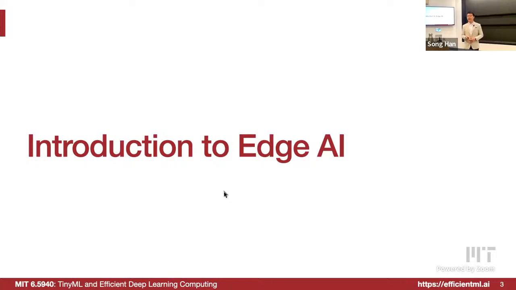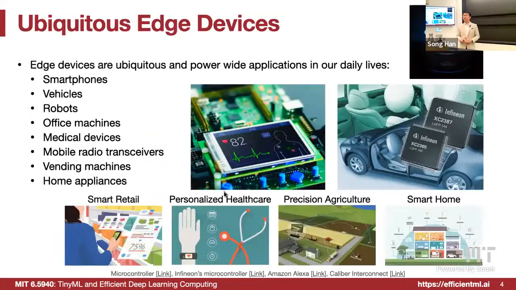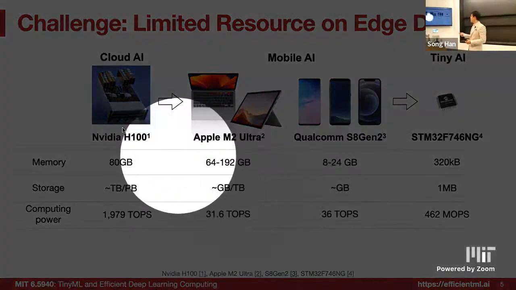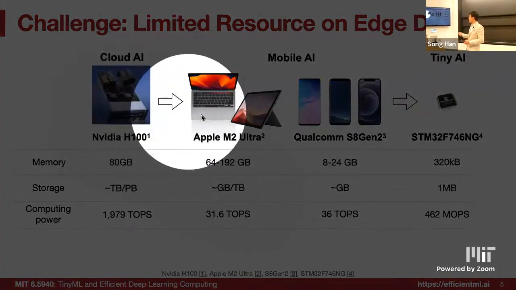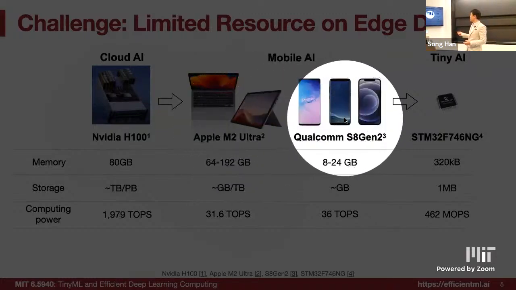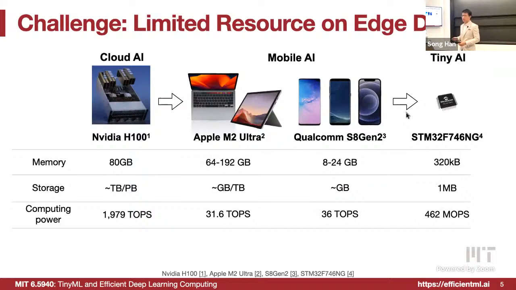So very briefly, a recap of the motivation, which is Edge AI. Edge AI has a lot of applications, such as in smartphones, in vehicles, in robots, in the smart office, etc. But Edge AI has limited computational resource constraints. Here we compare the cloud GPU, the Apple M2, the desktop, the mobile device, and also the microcontrollers.